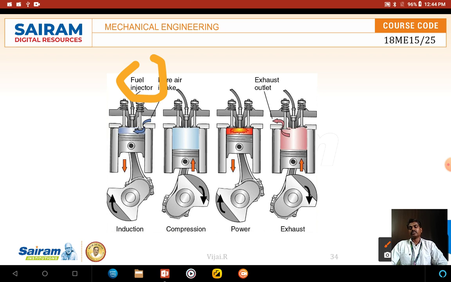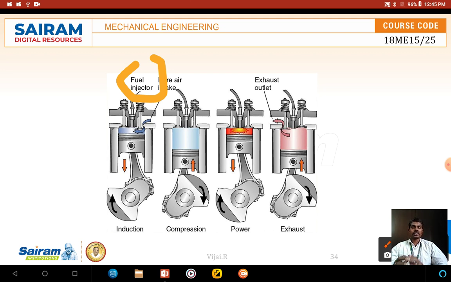First of all, during the first stroke, which is called the suction stroke, suction takes place when the crankshaft rotates through a half rotation. At that time the inlet valve opens, and due to the inlet valve opening, the charge, that is the fuel charge, gets inside. In the petrol engine, we have seen that the air-fuel mixture, air plus petrol, gets inside when the suction stroke takes place. But in the case of the diesel engine, only air is taken in.